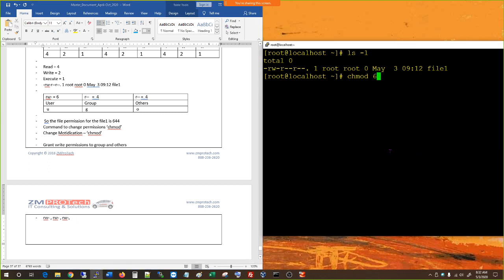So if we type 666 and then the file name, file 1, so what will happen is this will become read write, read write, read write. Okay, so it's going to equal 666.